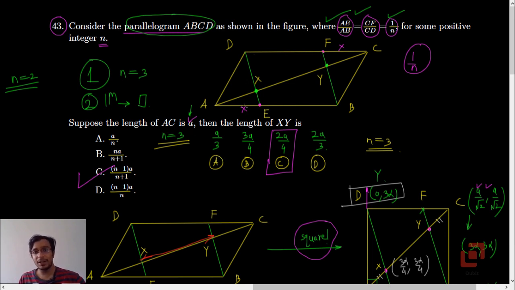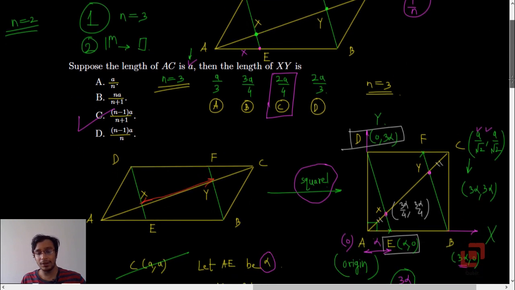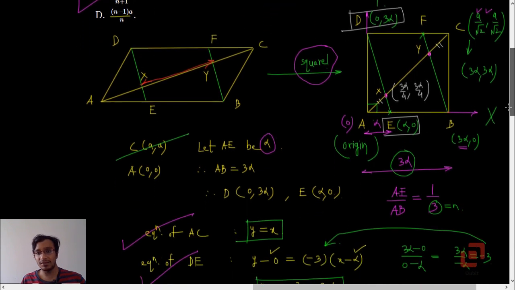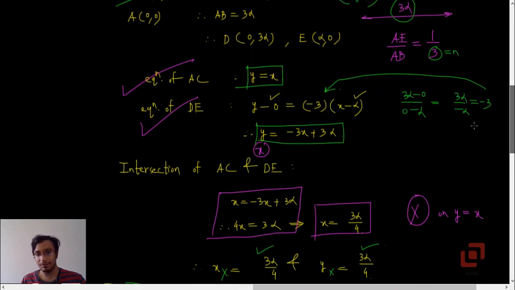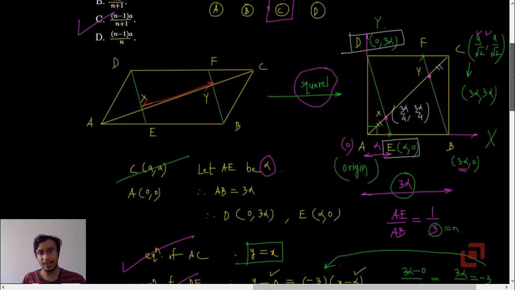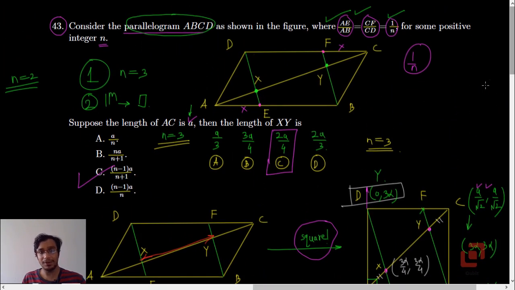Because otherwise you may keep on applying similarity of triangles, congruence of triangles, sine rules, cosine rules, and other things. Okay, but transforming it into a simpler situation will not only give you the answer, but I think it will also boost your confidence that you can solve complicated questions.